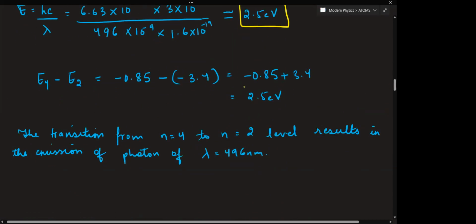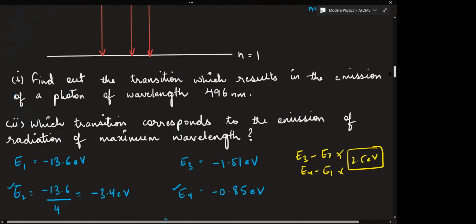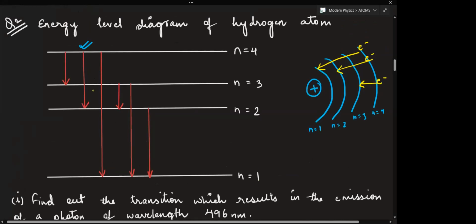When we take the energy difference, this is the only one giving us 2.5 electron volt. So this means the energy transition is from the fourth to the second one. You have to check all those. This is emitting from the fourth one to the third one. This is from the fourth one to the second.